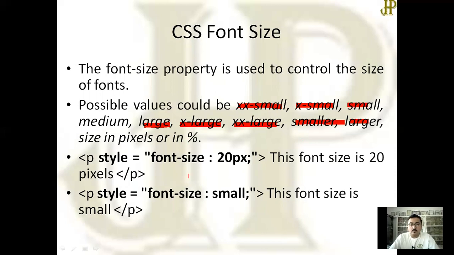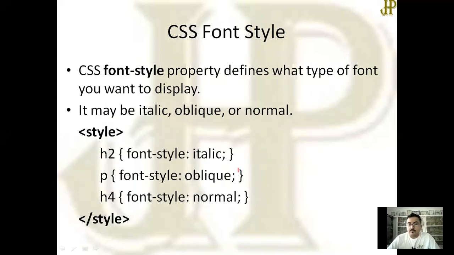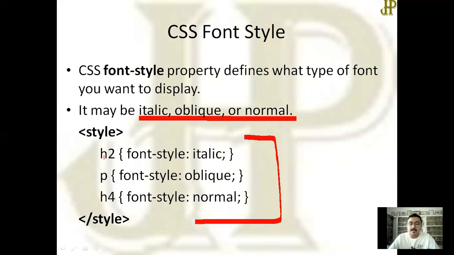Here I have given two examples, in pixels and in value, small. Okay. Now the font style, you can give the value italic, oblique or normal. And in this example, you can easily see that for header 2, I have given italic. For paragraph, I have given oblique. And for header 4, I have given normal. So I think it is very clear to you.